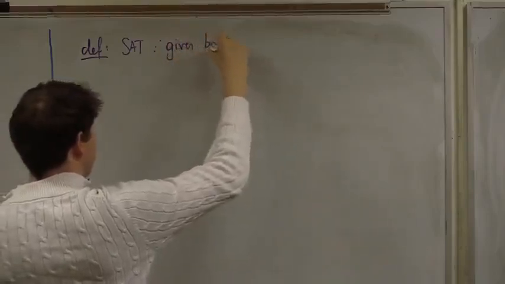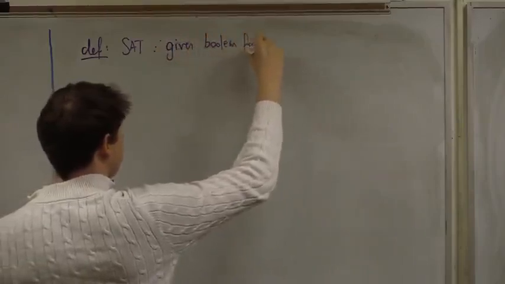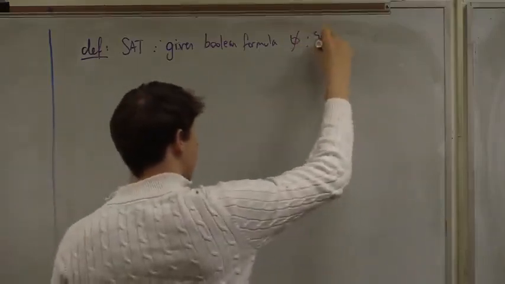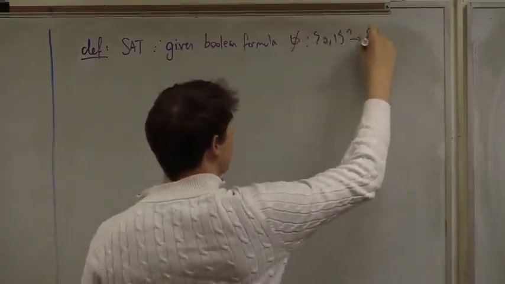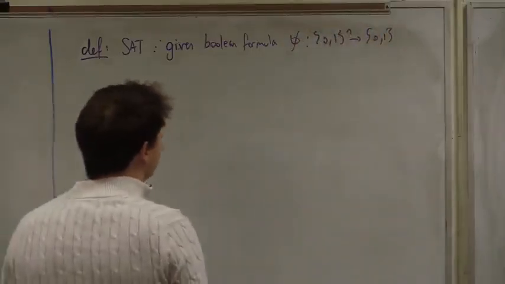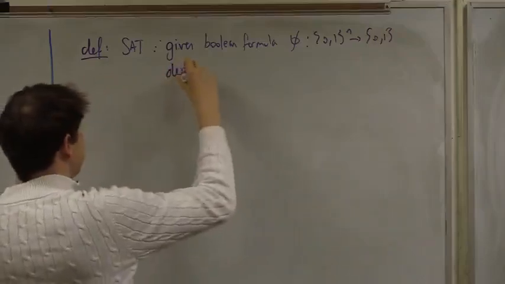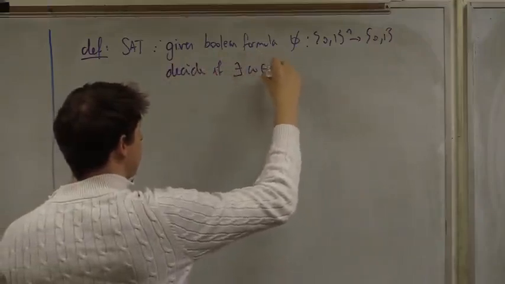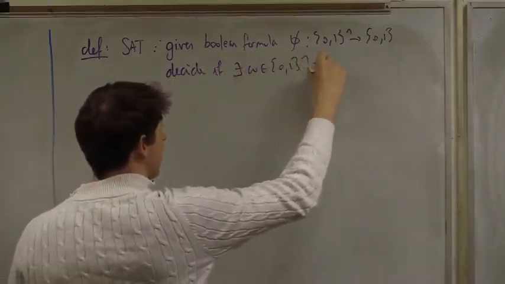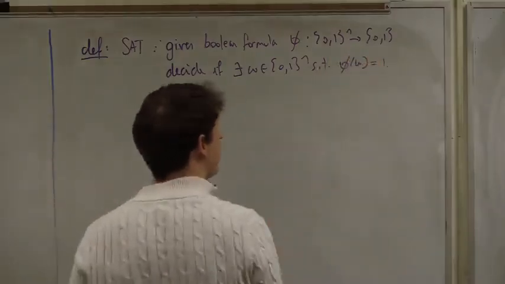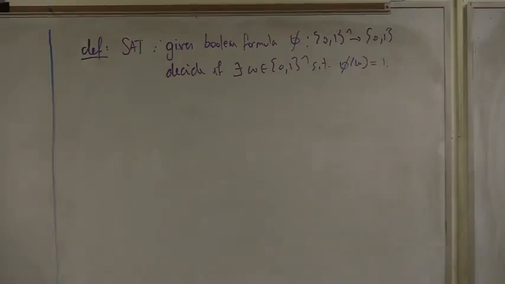Given a Boolean formula, phi, let's say from n bits to 1 bit, they always have one output. Decide if there exists a witness W, with n bits, such that the formula is satisfied. Okay, so that is the decision problem SAT.